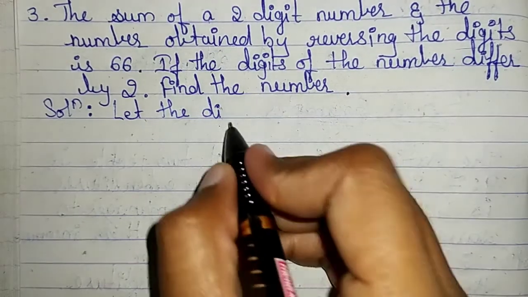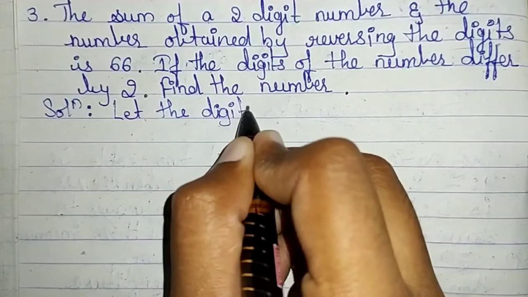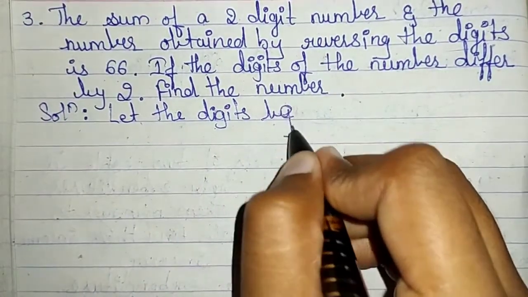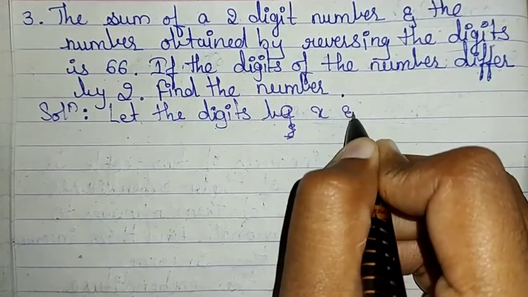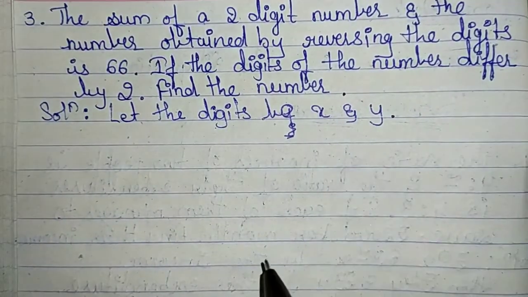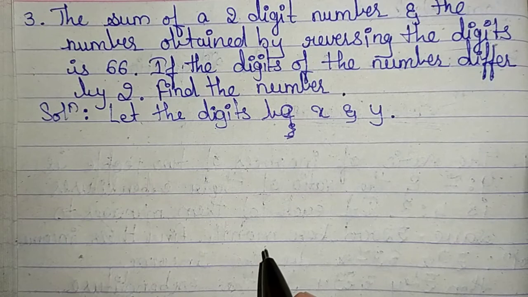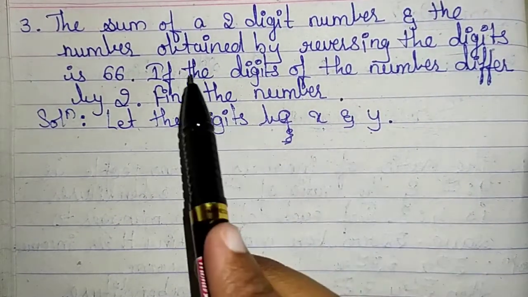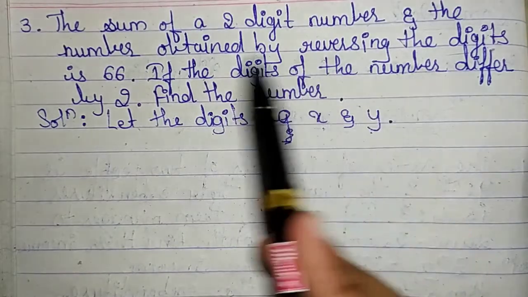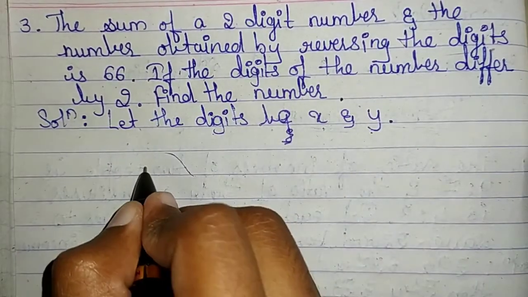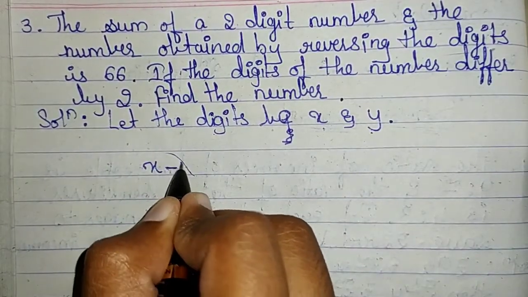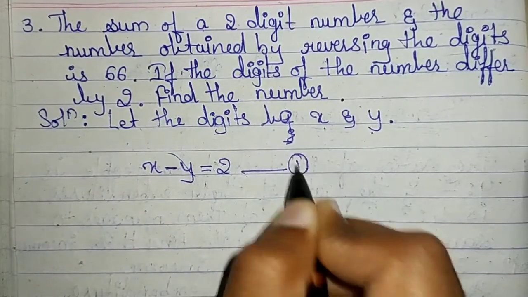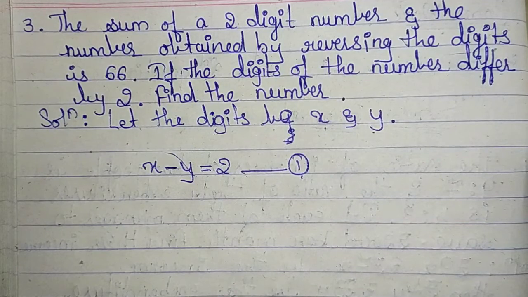So since they are two different digits, let the digits be x and y. Now we are supposed to find the value of x and value of y. Also they have told us that the digits of the number differ by 2, that means we'll get our first equation here: x minus y is equal to 2. The difference between the digits is 2. This is our first equation.